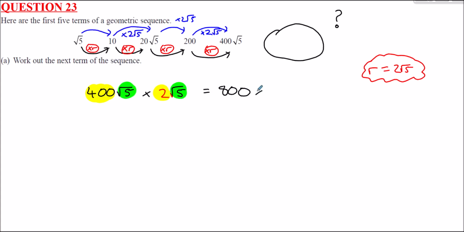So it's 800 multiplied by 5, which overall is 4,000. So therefore, for part A, the next term of the sequence would be 4,000. So the sequence is growing pretty fast.